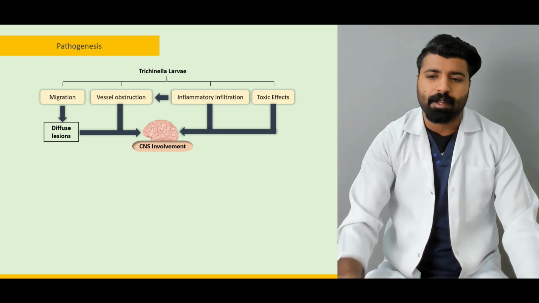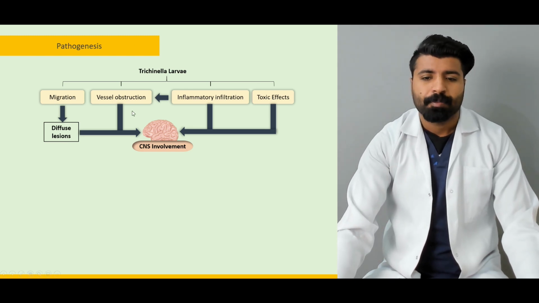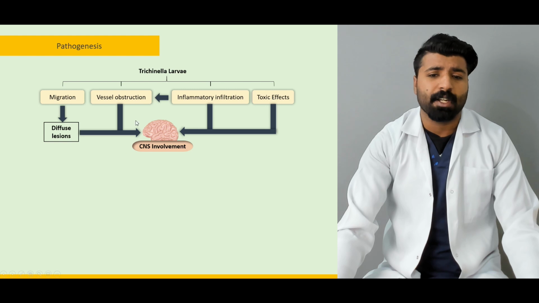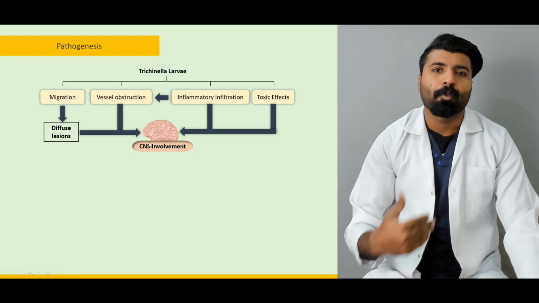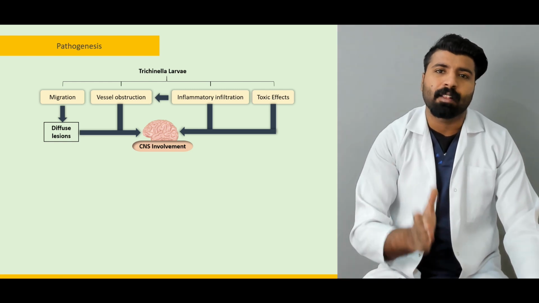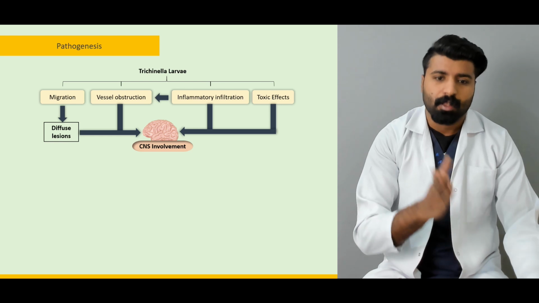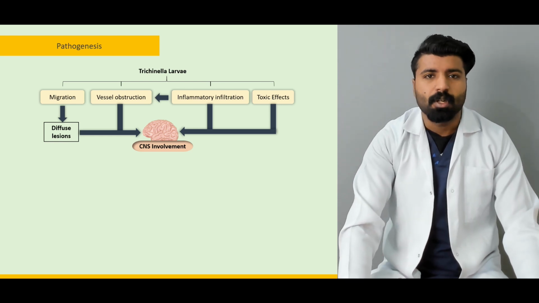And if your brain has these diffuse lesions and vessel obstruction, you will die, obviously. We were talking about how a parasite can lead to CNS involvement and death. That's how it leads to CNS involvement and death afterwards.